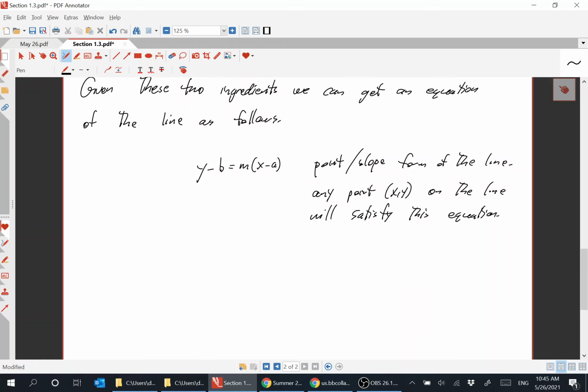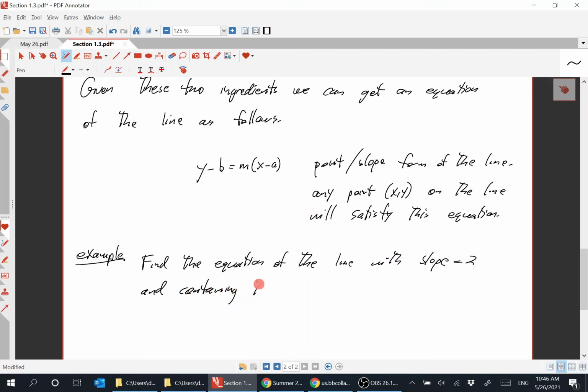So, for example, find the equation of the line with slope equal to 2 and containing the point, let's say 1 comma 3.